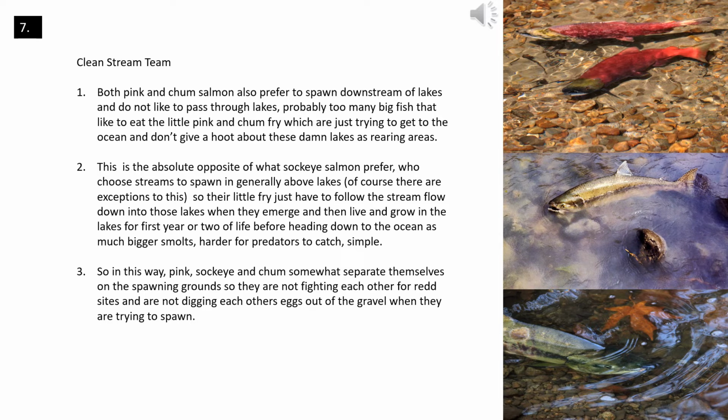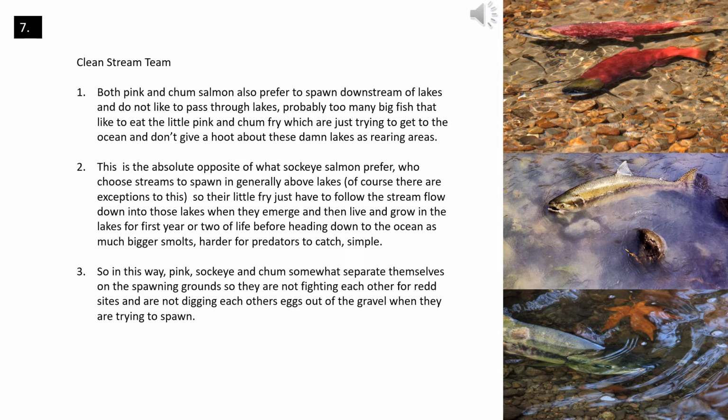So this is the absolute opposite of what sockeye salmon prefer, who choose streams to spawn in generally above lakes. Of course, there's always exceptions. There's never an absolute rule when it comes to this sort of salmon ecology, but generally they like to spawn on streams above lakes. So their little fry, they just have to come out of the gravel.